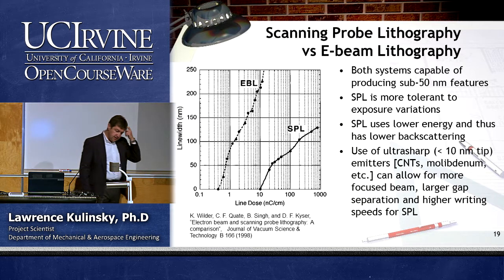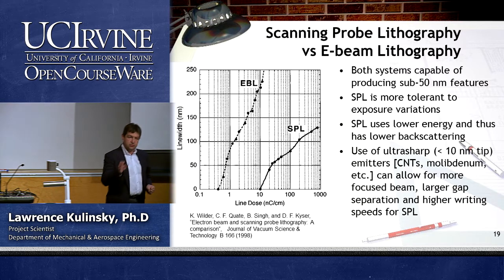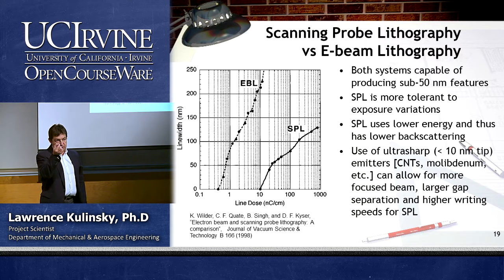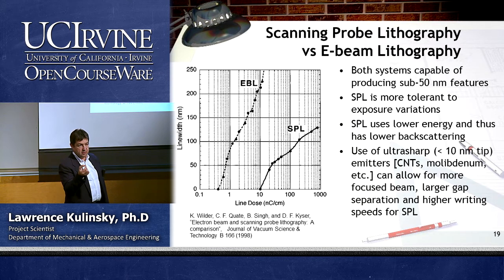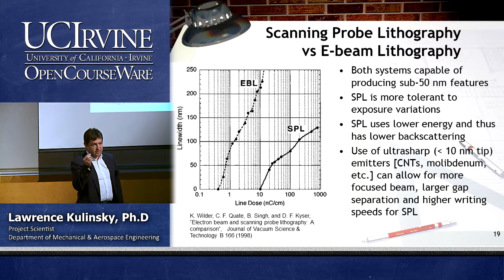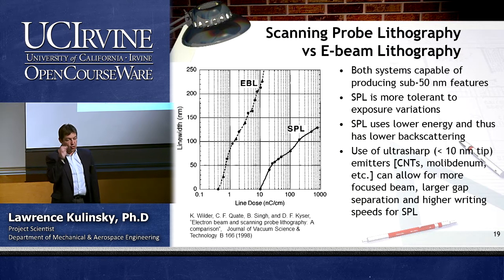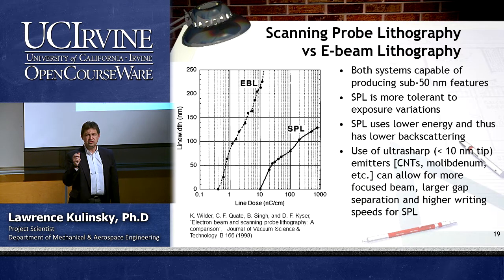The key to your resolution is to have a very, very sharp tip, as we said. So you can even use a nanotube attached to a tip, and now that will be your tip. Do you use a textbook in this course? No?